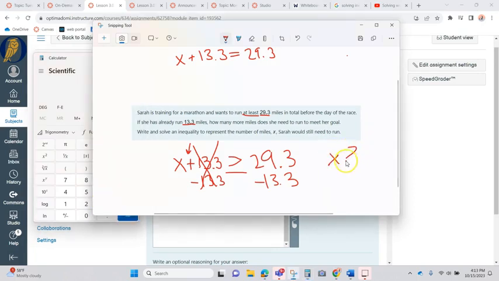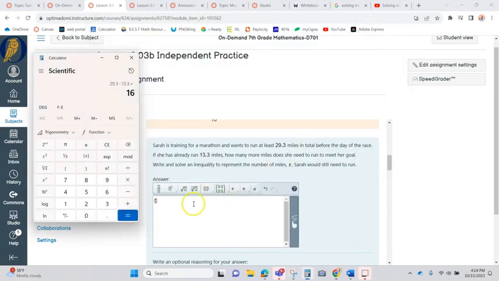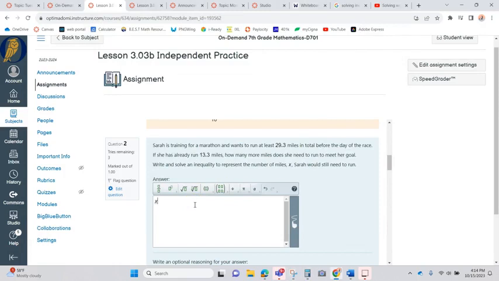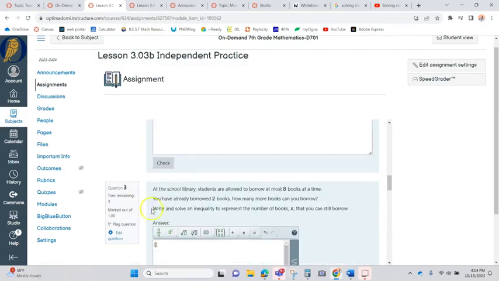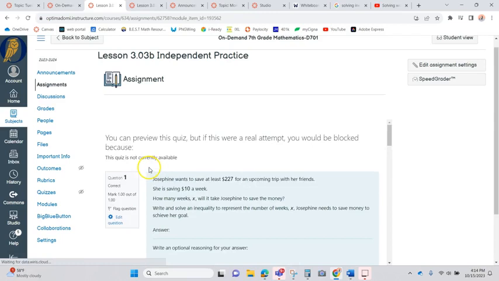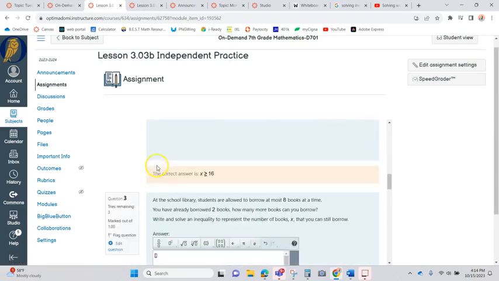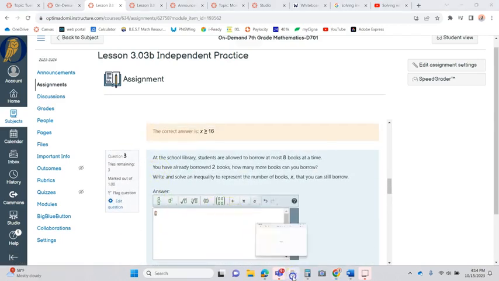X is greater than or equal to 16. Yay! All right.